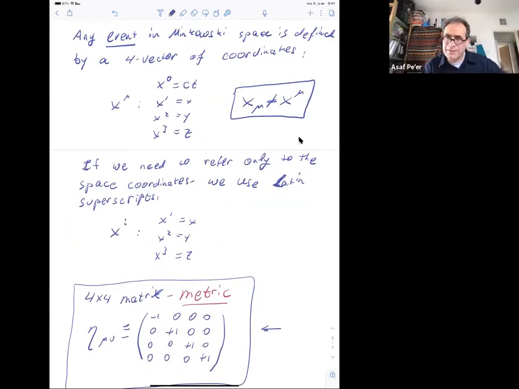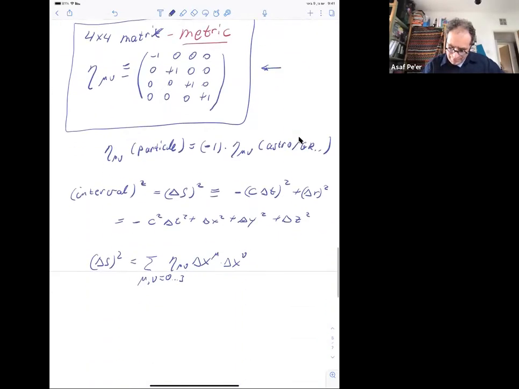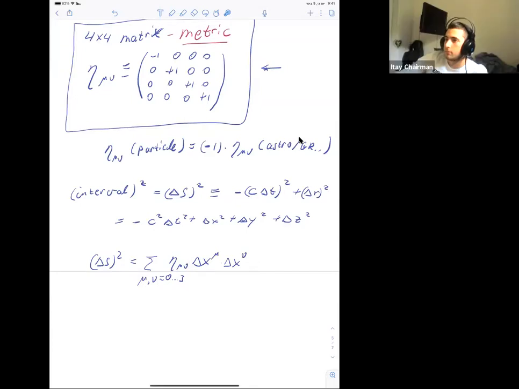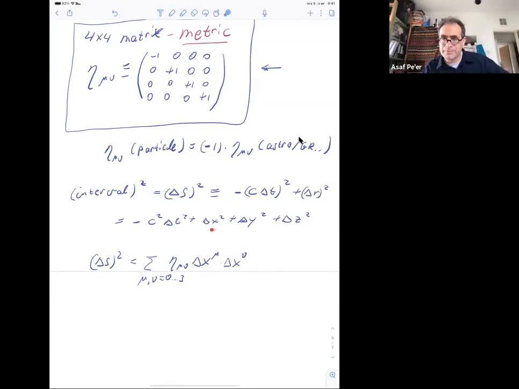So I have here a minus c squared delta t squared. If mu and nu are equal to 1 each, then what do we get? 1 times delta x squared. So what is written here is identical to what is written here. Right? Easy, huh?